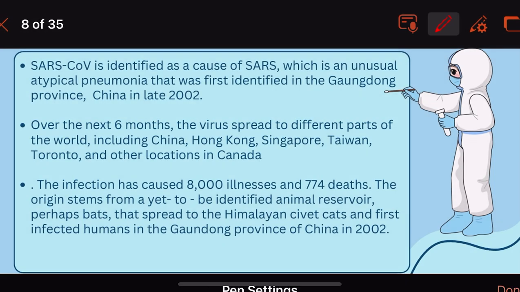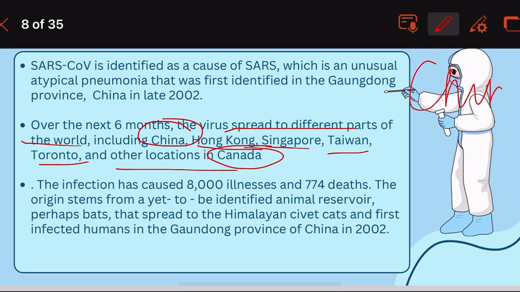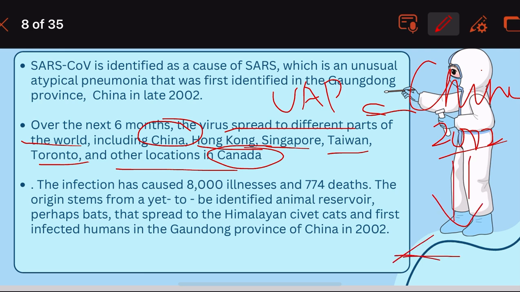Over the next 6 months, the virus started to spread to different parts of the world, including China, Hong Kong, Singapore, Taiwan, Toronto, and other locations in Canada. So from Gurgaon in China in 2002, it was first identified, and then it started spreading to various parts of the world.